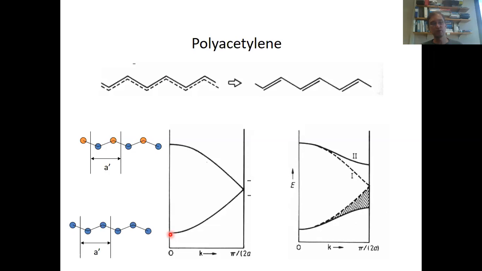That would introduce nodes, and eventually we would go from a completely bonding situation to a non-bonding situation here, at pi over 2a, or pi over a prime, if we consider a prime to be equal to 2 times the distance between two p orbitals.